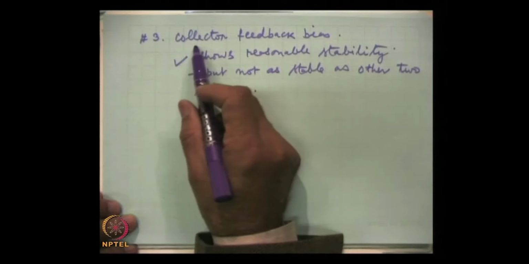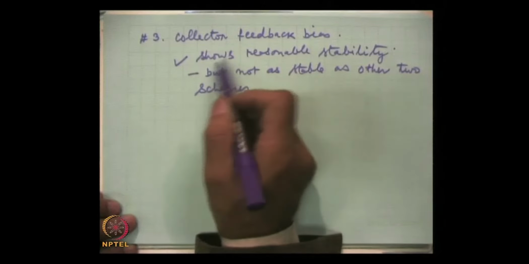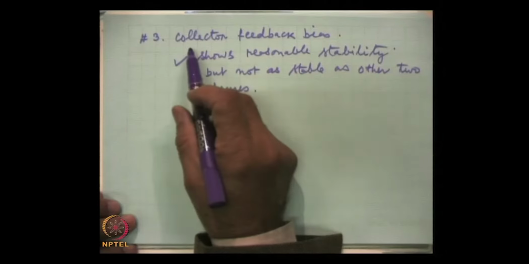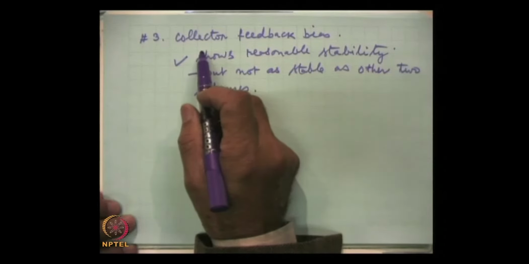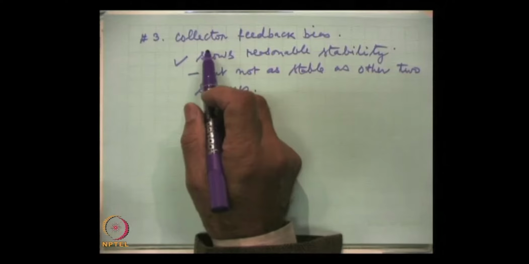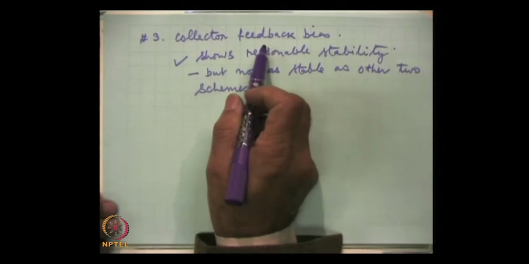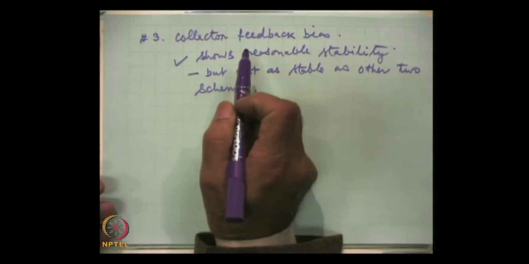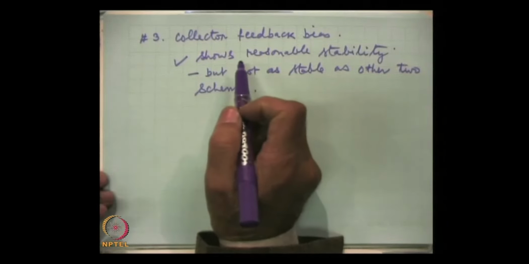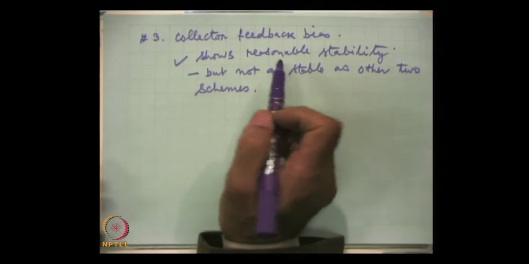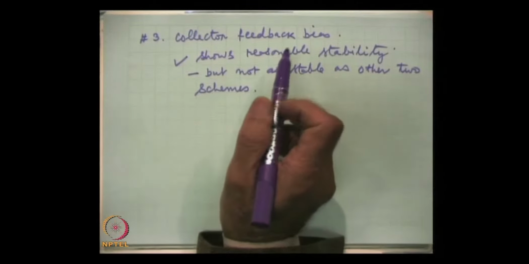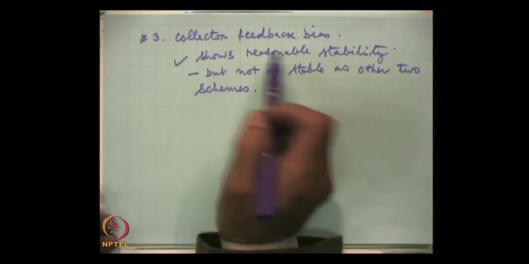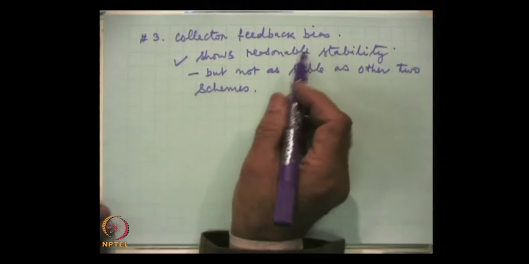But this is a very simple circuit, as we will see, makes use of fewer resistances, and if stability is not the prime criterion, then this is very widely used, because there are many situations where a little bit of variation of the Q point, that means with reasonable stability, we can work the circuits. So, there collector feedback bias is used.